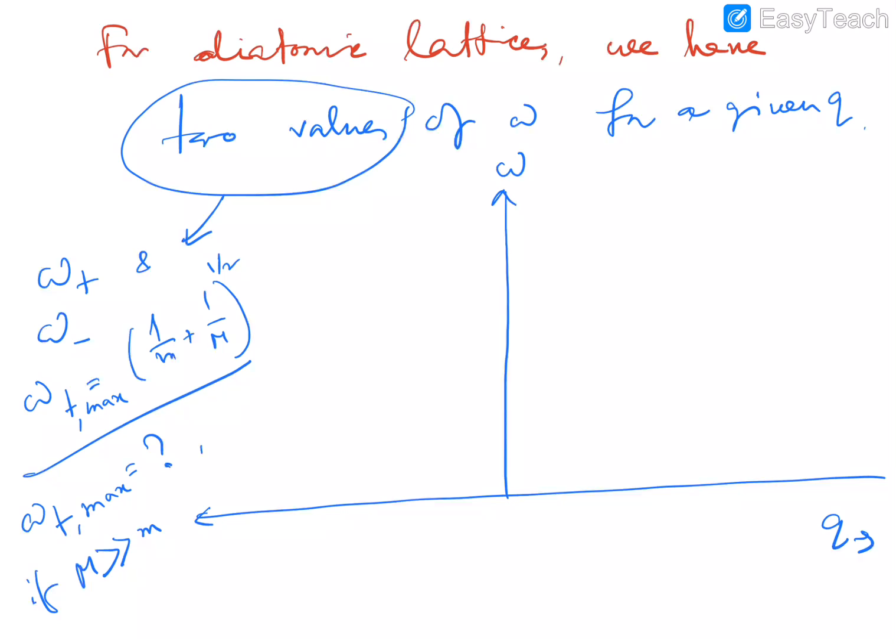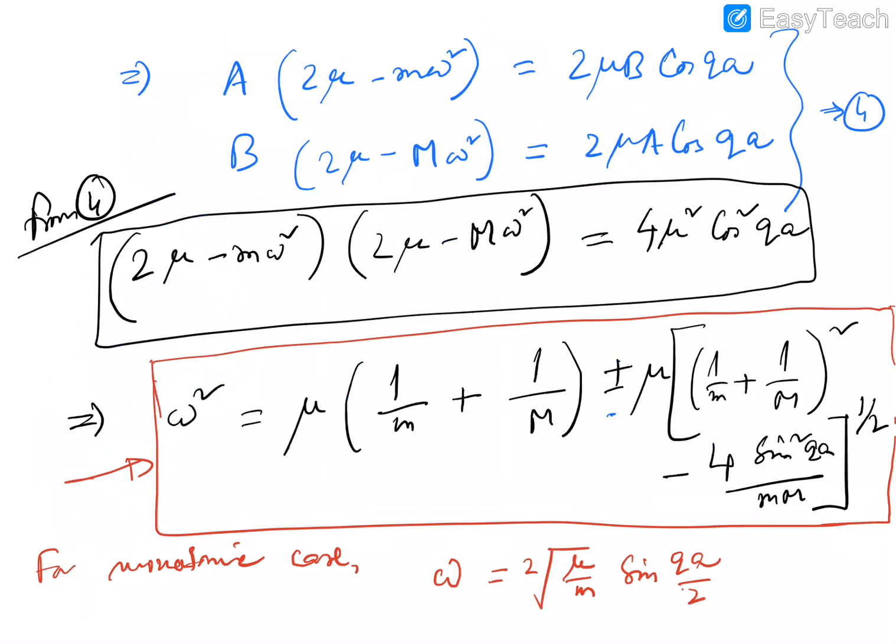So omega minus is actually the lower frequency, and that is similar to the acoustic wave that we have discussed earlier. Okay, so if we plot the second one, omega minus, as a function of Q, we can simplify this with capital M very much larger than small m.